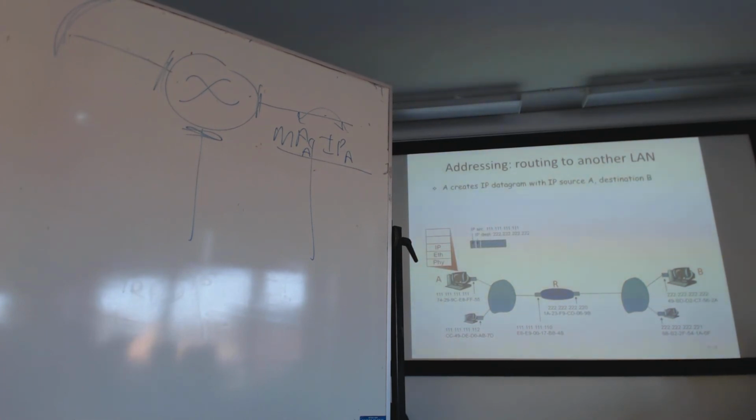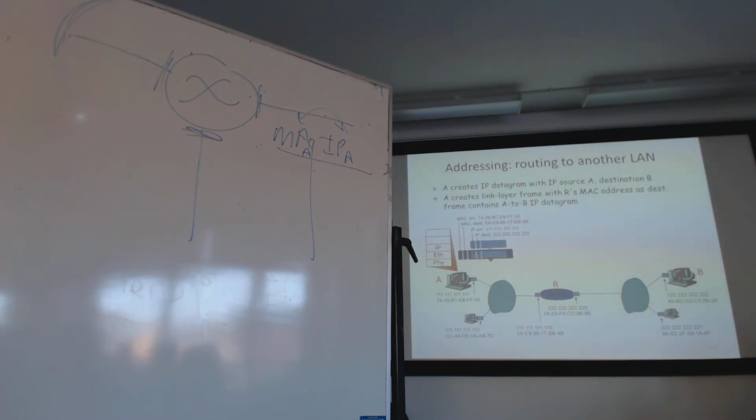So I'm trying to send a message with IP address 1s from source A towards a destination B with IP address 2s. So clearly, what I'm doing here is using the IP addresses as source and destination. These IP addresses don't change, because I'm going to encapsulate the MAC addresses of the devices. So I'm encapsulating the MAC source and the MAC destination.